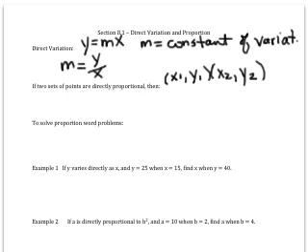Now, if they're directly proportional to each other, then they have the same constant of variation. So then, direct helps me remember to divide. So you would divide each y by its x and set it equal to each other. Those are both equal to the same m.